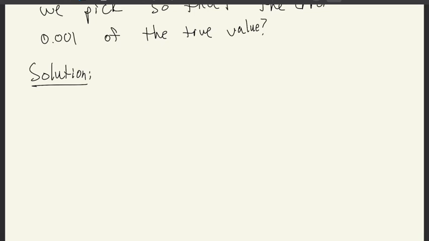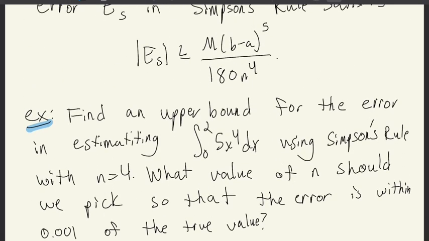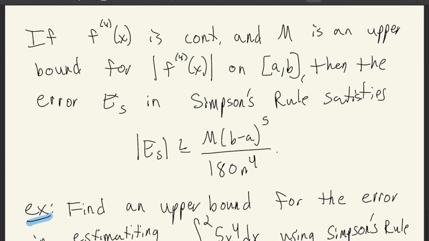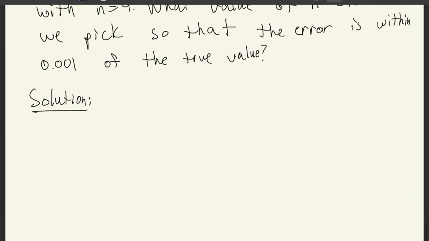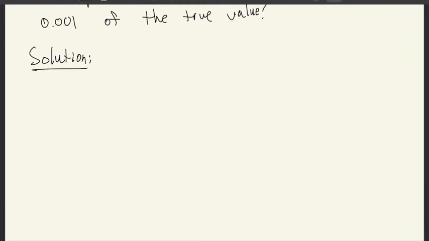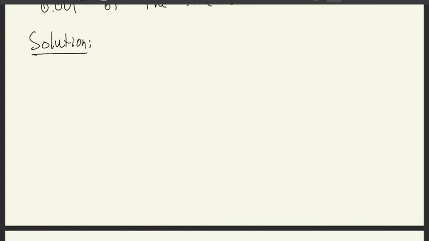Okay, solution. To do this, we're using Simpson's rule, so we're going to be using this bound. This bound talks about M being an upper bound for the fourth derivative of f. So we need to find the fourth derivative of f. We also need to verify that it is continuous on the interval a to b.